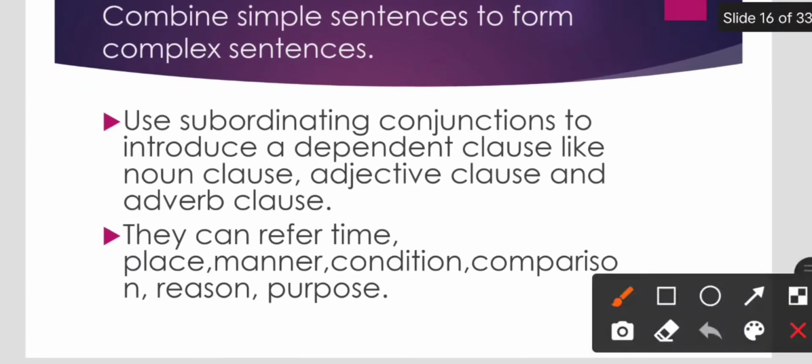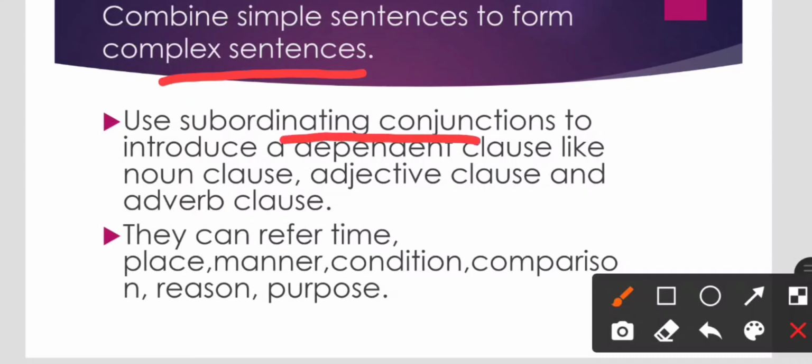Next is combine simple sentences to form complex sentences. Now it's very important. As compound sentences are made up of independent clauses joined by coordinating conjunctions, similarly, complex sentences are made up of one main clause and one dependent clause joined by subordinating conjunctions. So what are subordinating conjunctions? Let's find out.